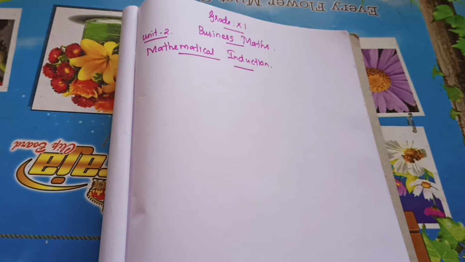In the place of n, you substitute the value 1. When you substitute n as 1, if LHS and RHS become equal, you say the statement is true for P of 1.